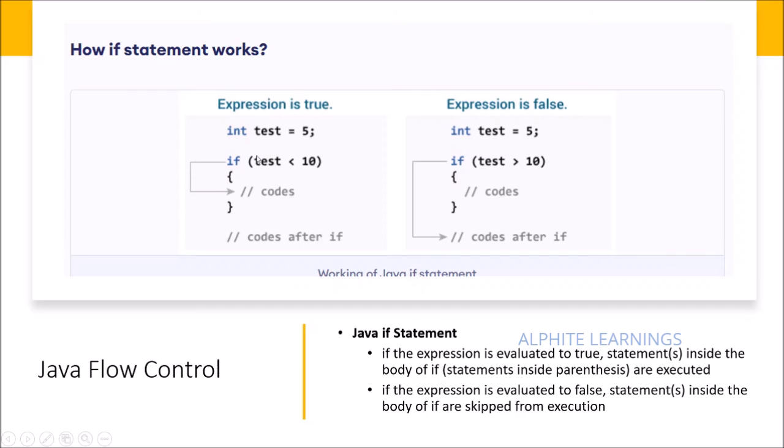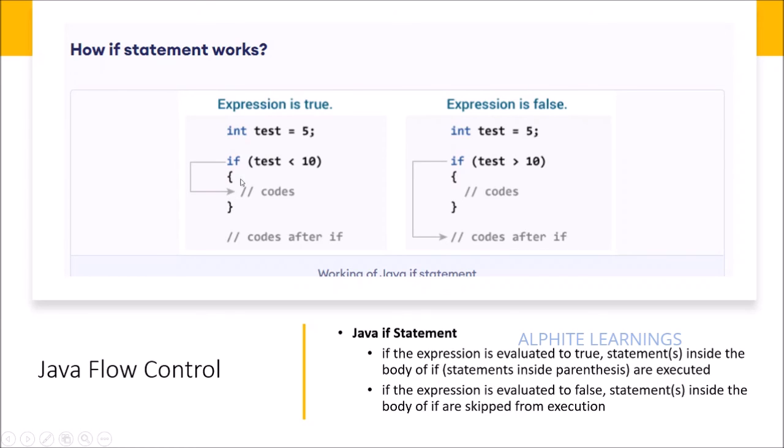the condition that you need to check, the relational operators we saw. Do you remember? You can add anything: less than, less than or equal to, or you can check test is equal or not equal. Whatever check you need to do, you can do. Here we have taken if test is less than 10, so of course yes, it is less than 10, and if the condition is satisfied, it will execute the code inside this block, the if block.